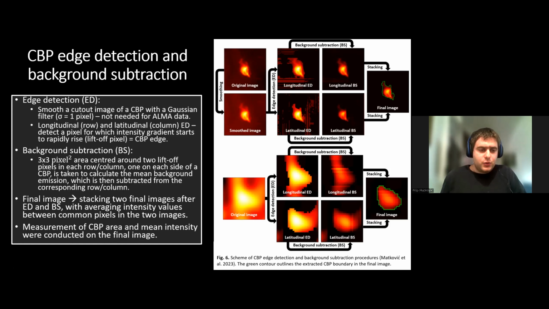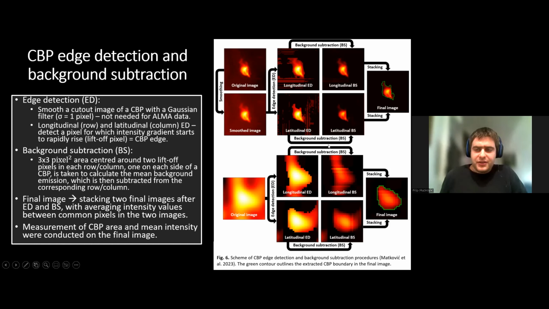After that, around those lift-off pixels, we take a 3 × 3 pixel square area to calculate the mean background intensity in the corresponding pixel row or column of the image, depending on the direction of detection. And that background is then subtracted from all the pixel values in the corresponding row or column.